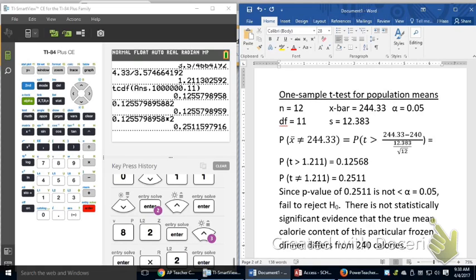And the reason I say differs as opposed to greater than or less than is because I was testing for not equal to as my alternate hypothesis. It's a two-tailed test. So basically the catch is on the two-tailed test, once you get the p-value from your calculator, remember to double it to take care of the fact you've got two separate tails.